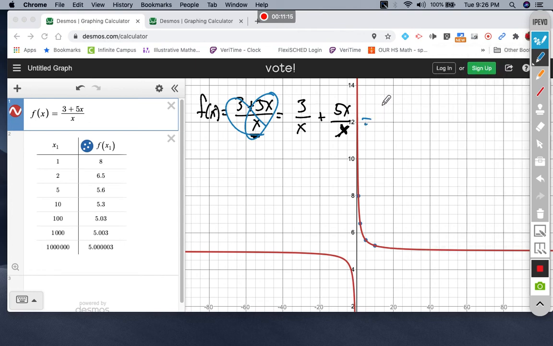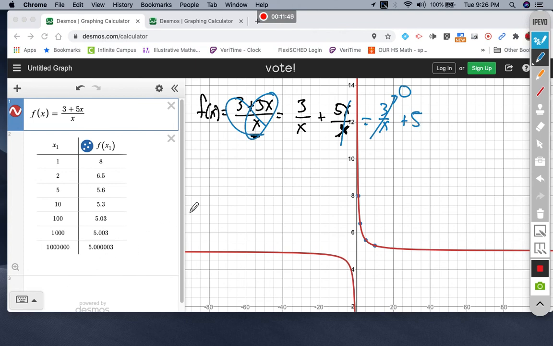3 over x plus 5 over x. Well, 3 over x is just 3 over x. And we said before, a number over x, as x gets really big, is going to become 0. So I don't care about that one, because I'm looking at end behavior just at the ends. But 5x over x, the x's cancel, and I get plus 5. So we're going to end up with an asymptote. My end behavior, when x gets really big, this just looks like 5.